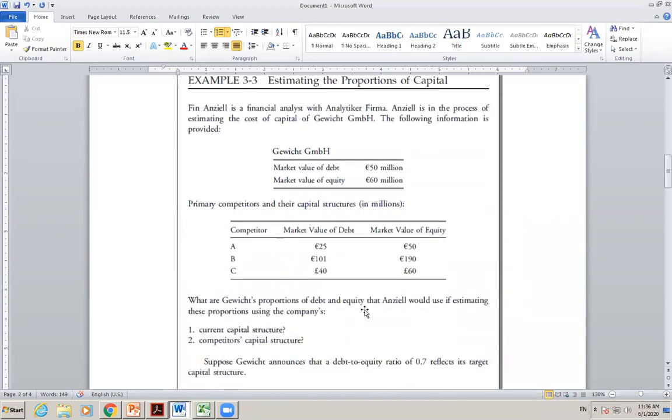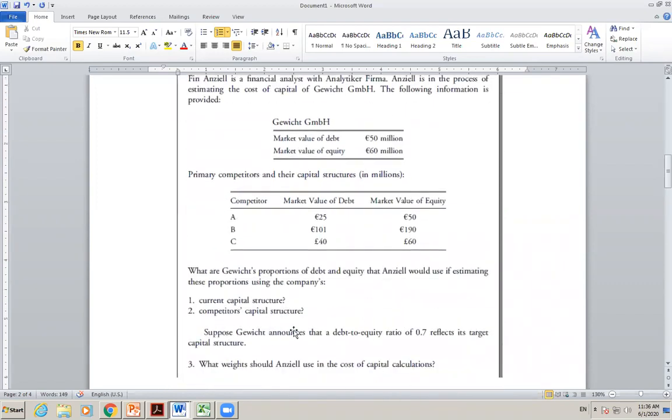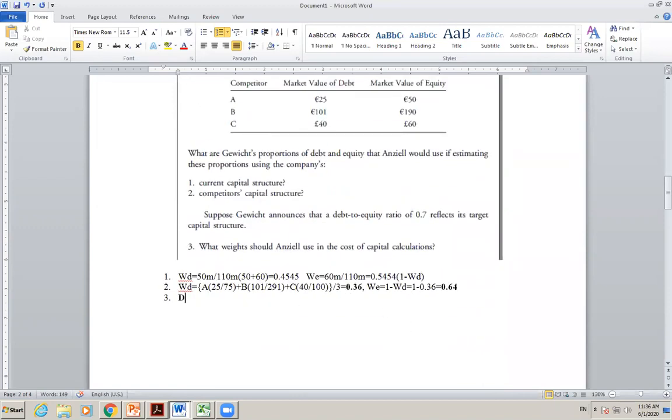We are given debt to equity ratio, which is equal to 0.70. Okay. So that represents debt over equity, 70%. That means your equity is 1.